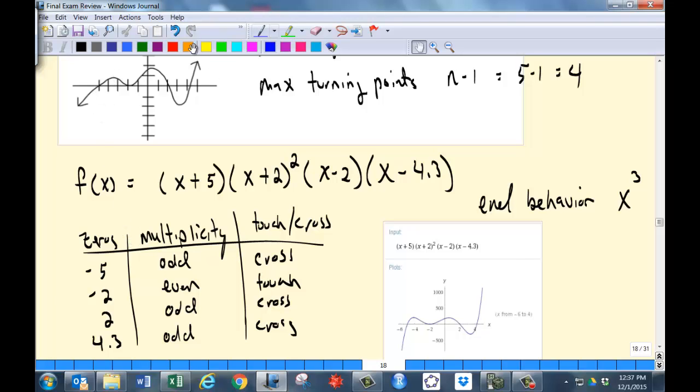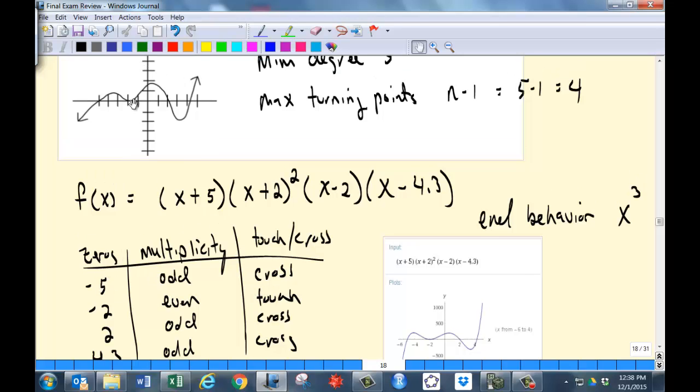Okay, so if it crosses, so here the graph crosses at minus 5, that means odd multiplicity. If it touches the graph, that means even multiplicity. So here it touches, and this is going to be even multiplicity. Here it crosses, that's odd. Here it crosses, that's odd. Okay, so we've got this chart, and that will tell you where it crosses and touches.